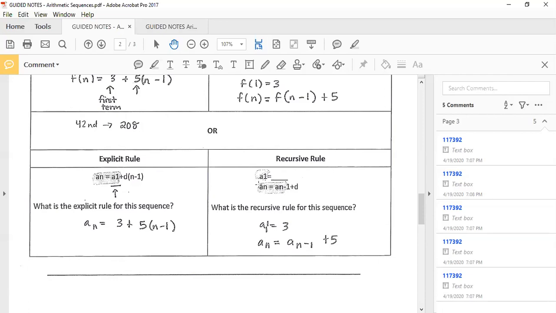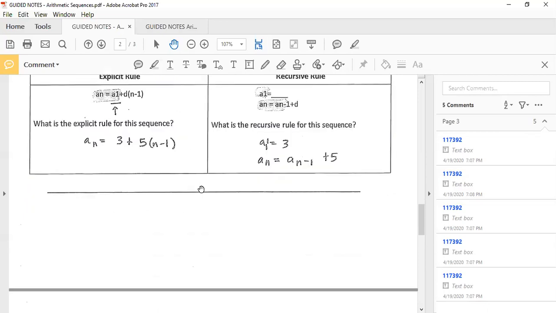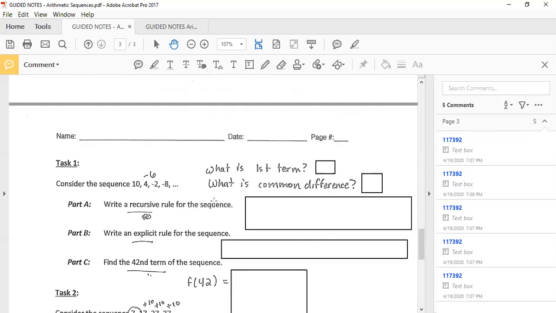And a sub n is equal to a of the previous term plus 5, okay? Recursive rules require that you know the previous term, or n minus 1, whereas explicit rules, you can just plug in your number, whatever number it is, and just jump straight to the answer. My preference is explicit rules. That's what we mostly do here, okay?